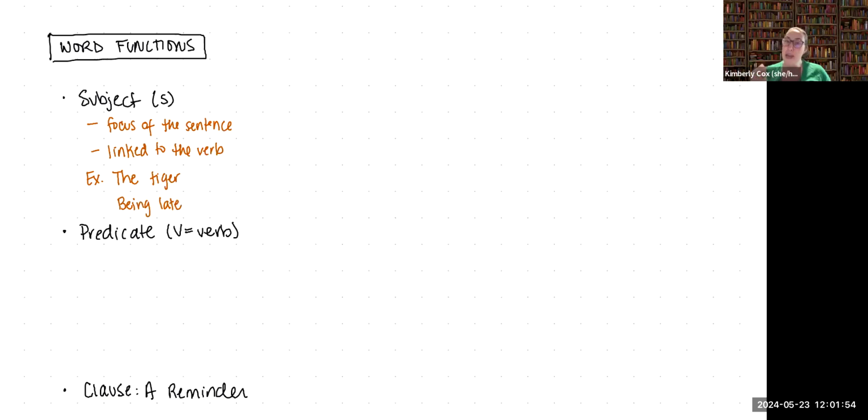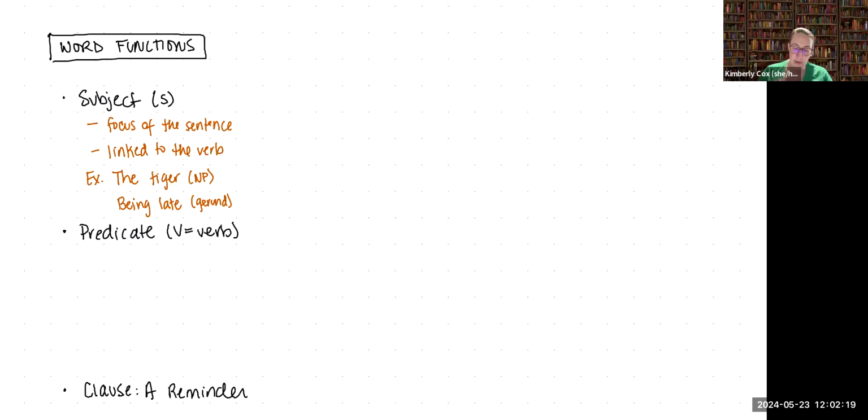In both of these instances, here we have a noun phrase, and here we have a gerund. These are going to function for us like the subject in a sentence. And we will get to what that sentence will look like in just a moment. So bear with me here.